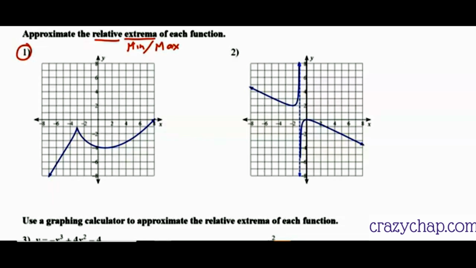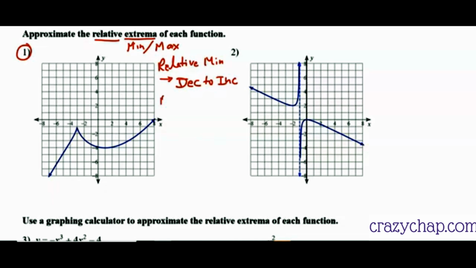Okay, so to have relative minima, the function should change from decreasing to increasing. The moment where the function changes from decreasing to increasing, that moment we get the relative minima.